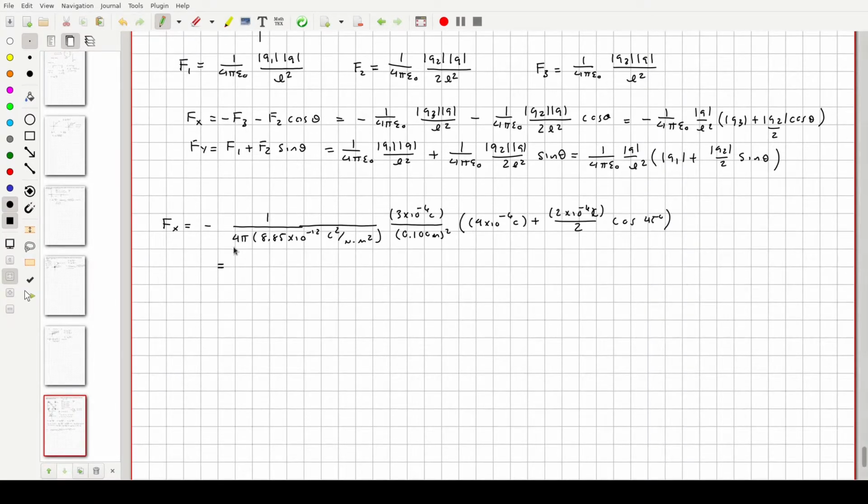So if you actually plug your numbers in here, you get, let's see here, 1 divided by 4 times pi times epsilon naught, and times 3 times 10 to the minus 6 divided by 0.1 squared times 4 times 10 to the minus 6 plus 2 divided by 2 is 1.